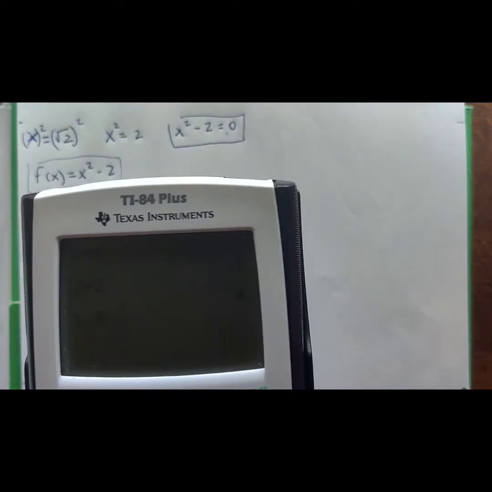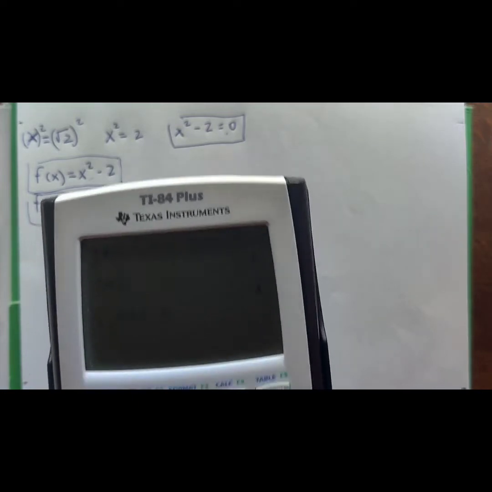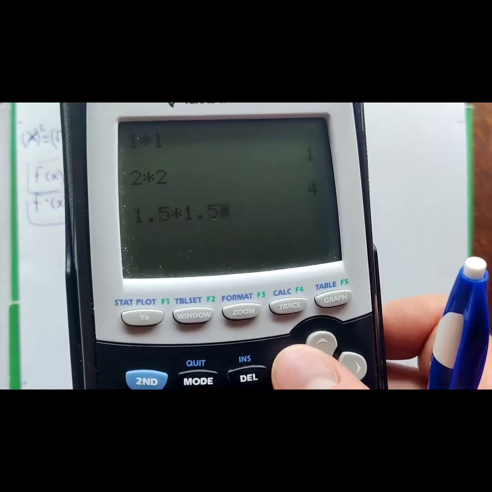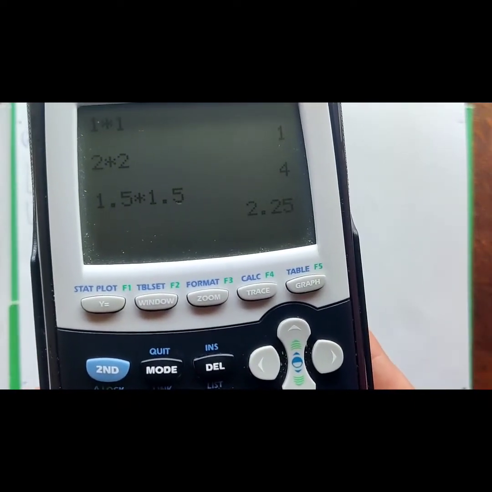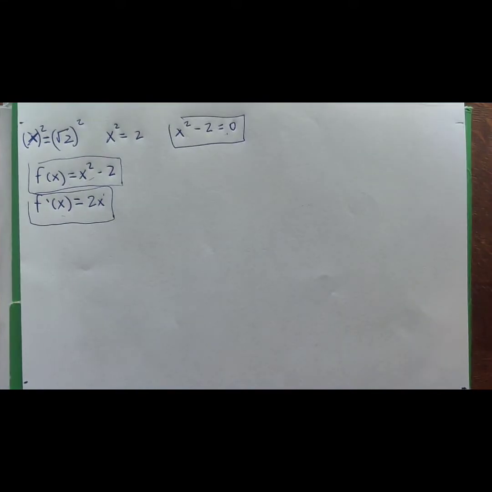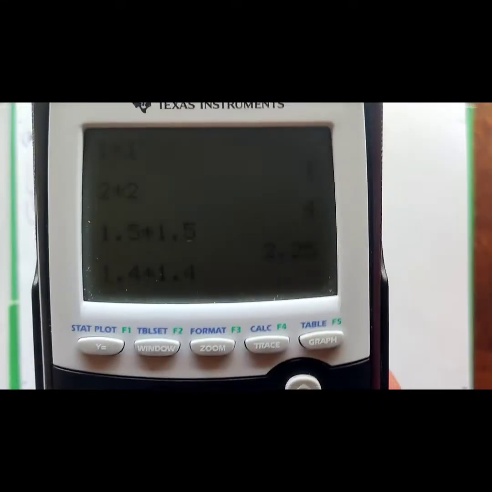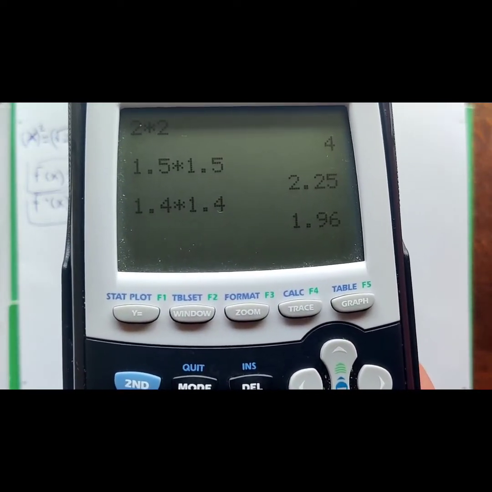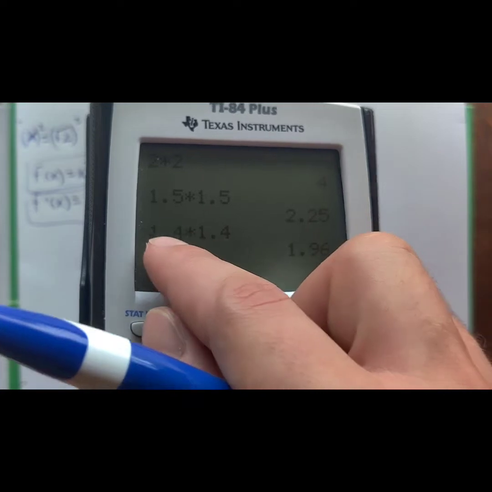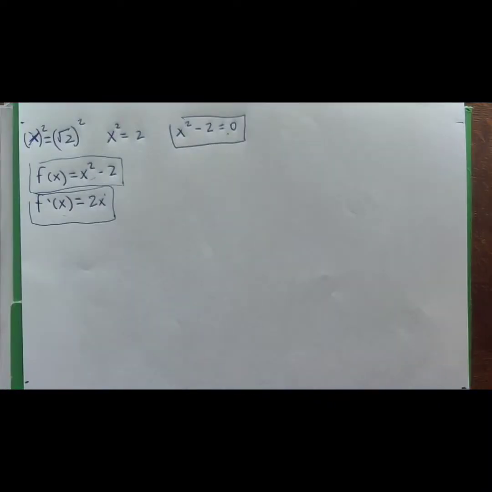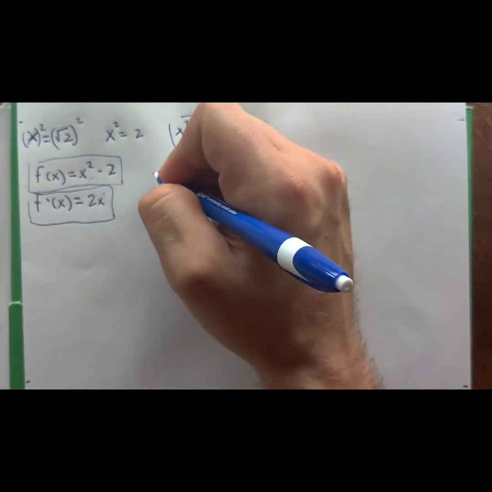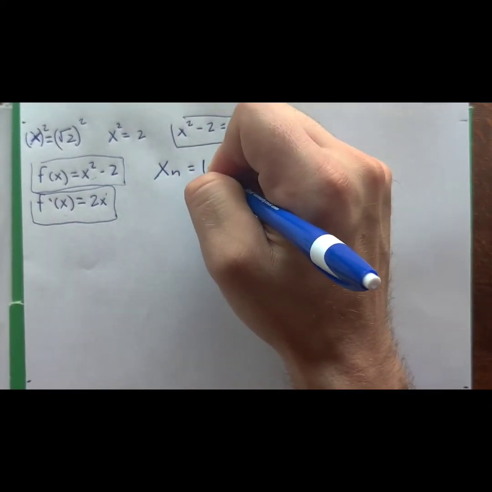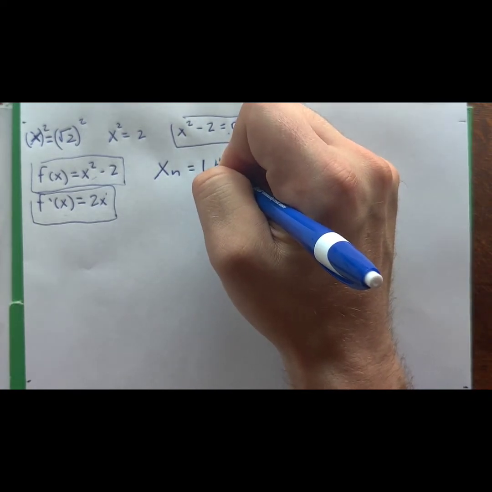I'd get a little closer. 1.5 times 1.5 is 2.25. 1.4 times 1.4, what's that equal? We're getting closer at this point. 1.96. So that's pretty close. I'm going to go with 1.4 as my guess. So we can say my x sub n, we're going to plug that in as 1.4.